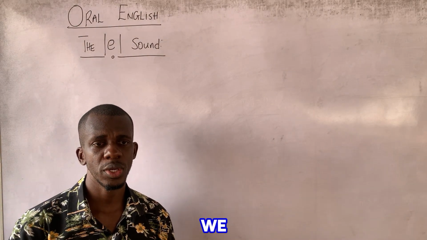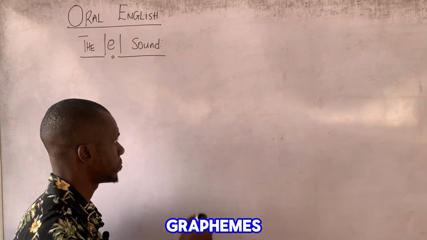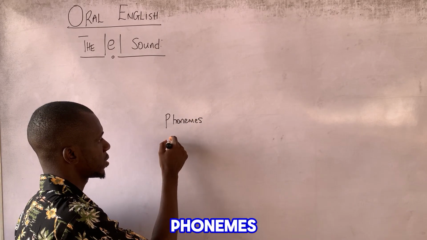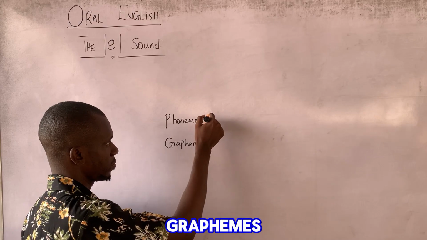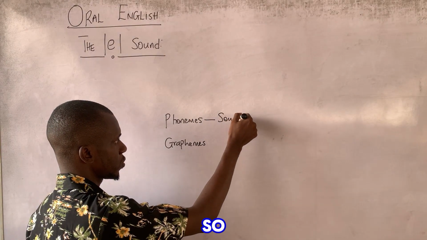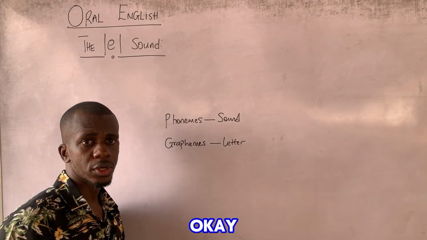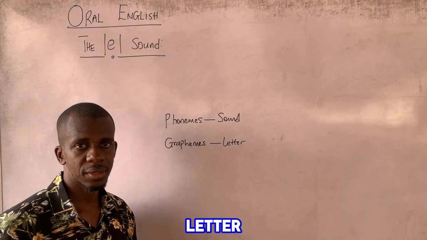These sounds we call phonemes, while the letters are called graphemes. So this is sound and this is letter. A phoneme is a sound and a grapheme is a letter.